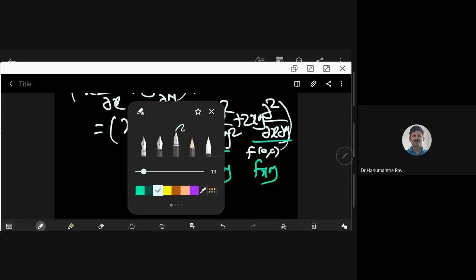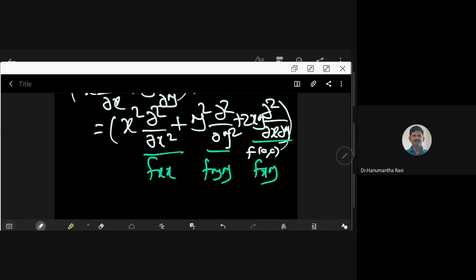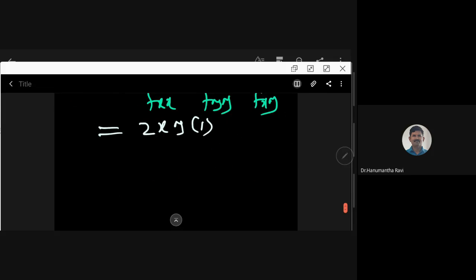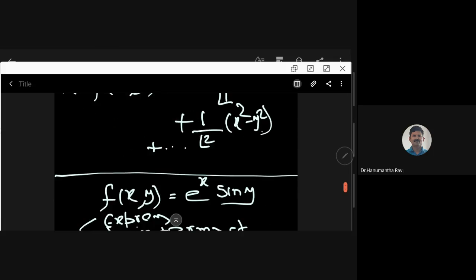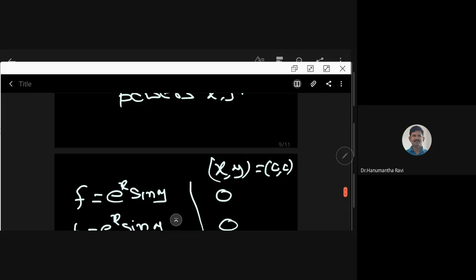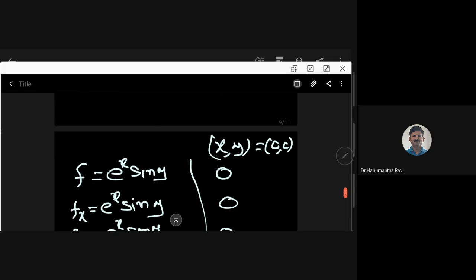So this is coming as 2xy into 1. That's all. So now the series. Just look at what is f(0,0). f(0,0) we have calculated, I think. Yes, f(0,0) is also 0.